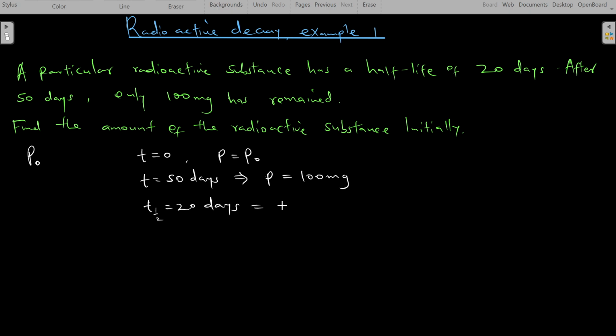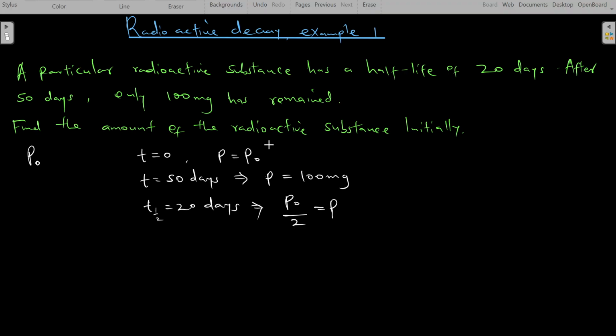I'm expecting the original amount to go to a half. So after 20 days, we should have the amount remaining of this radioactive sample as P0 over 2.